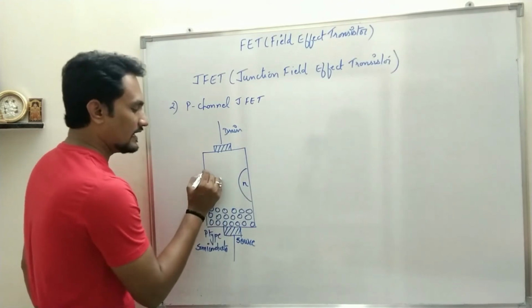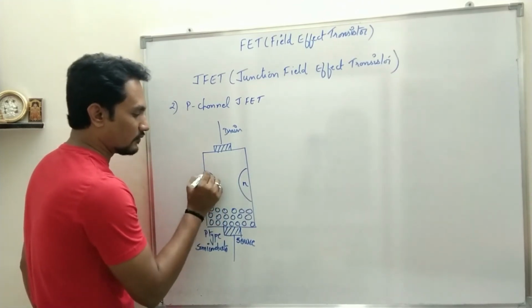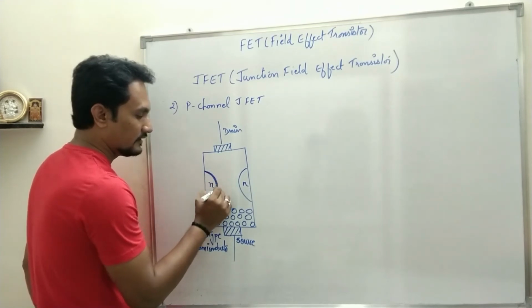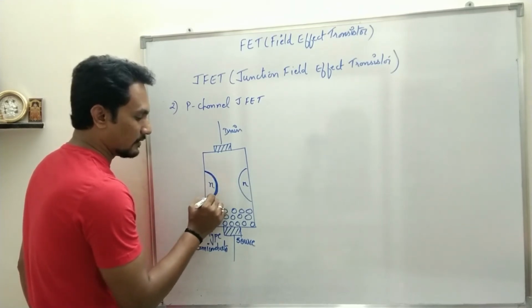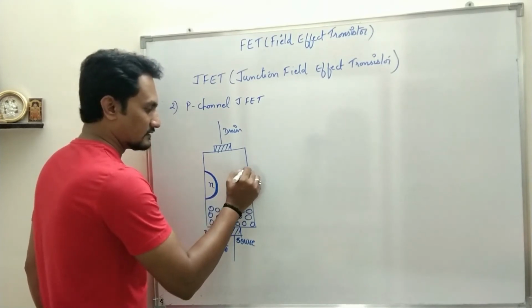And you know that as soon as a PN junction is formed, there will be a depletion layer, a potential barrier at the junction.